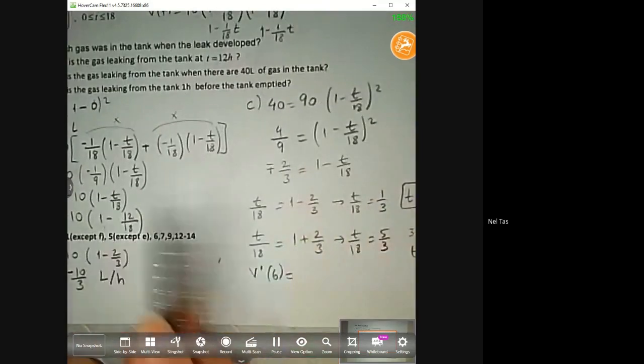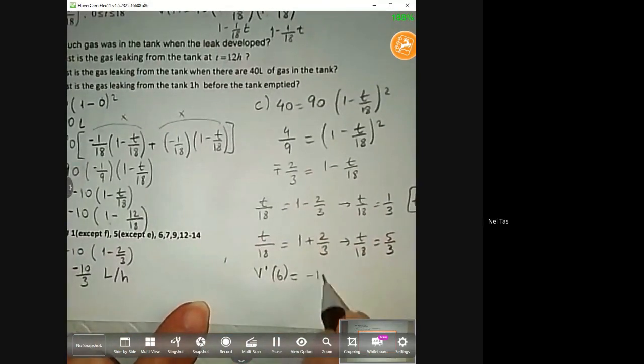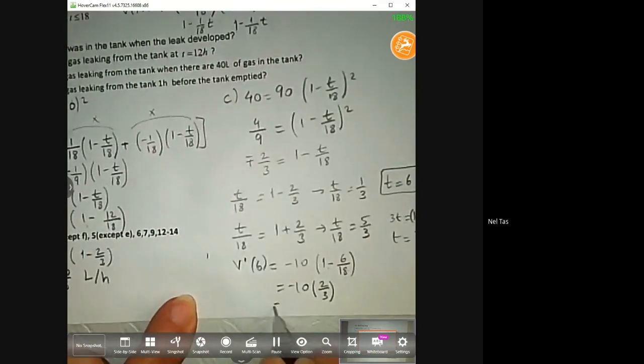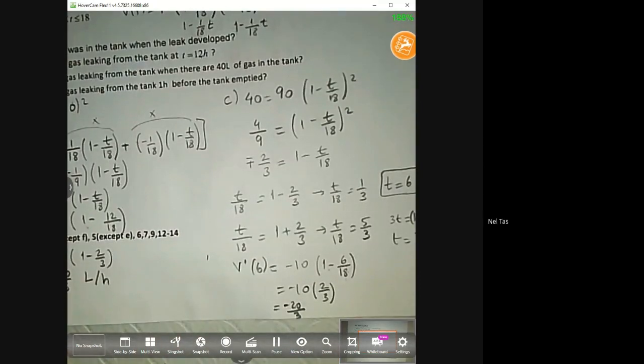So this is our derivative function here. Negative 10, 1 minus 6 over 18. Negative 10, so that is 1 over 3. 1 minus 1 over 3 gives you 2 over 3. So you end up with negative 20 over 3.